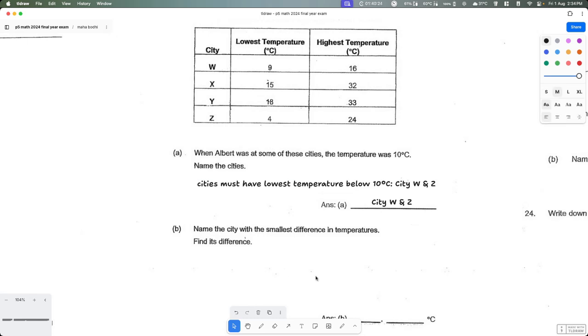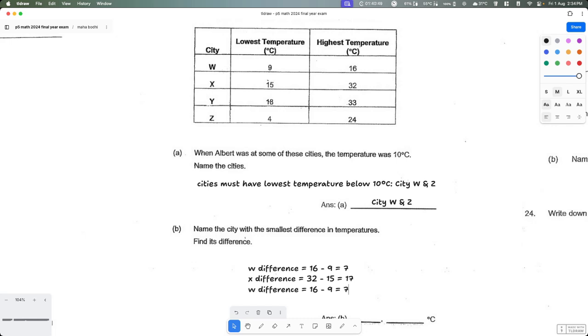So for W over here, the W difference is equal to 16 minus 9, which is equal to 7, right? So X difference is basically 32 minus 15, so not 7, it is 17.